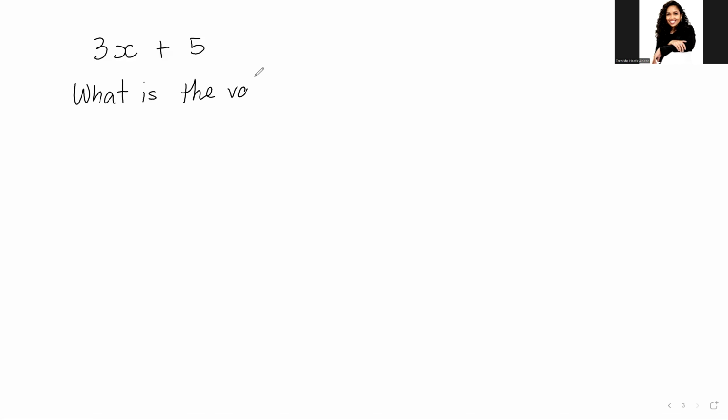So what is the value of 3x plus 5 when x is equal to 3? This literally means what would be the answer? Like, what would be the value of the expression if I substituted x is equal to 3 instead?